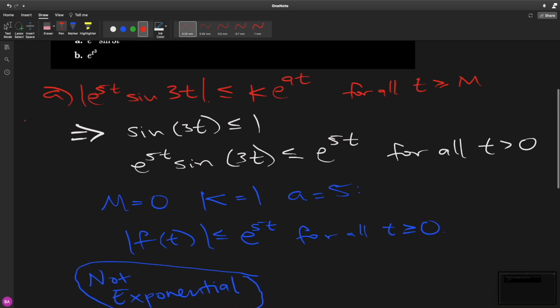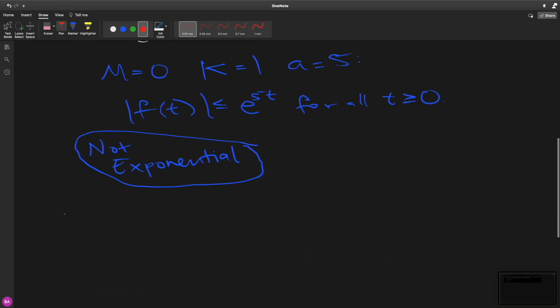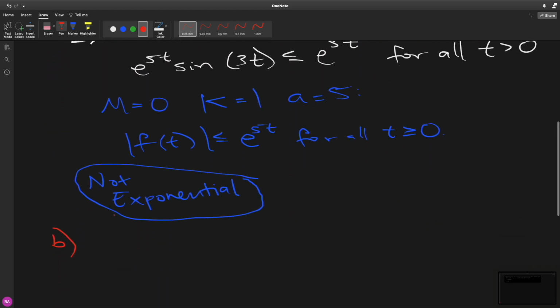Okay, so now let's look at the second part, which is e to the t cubed. And we want to try to solve that same inequality. We have e to the t cubed is less than or equal to k e to the at for all t greater than m.